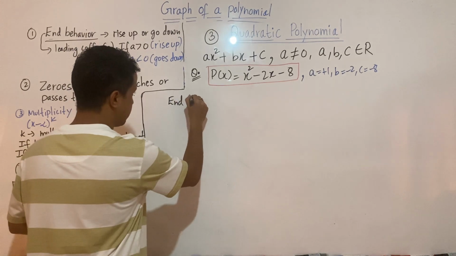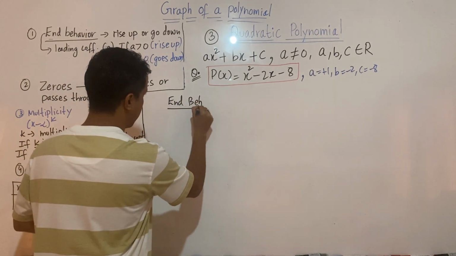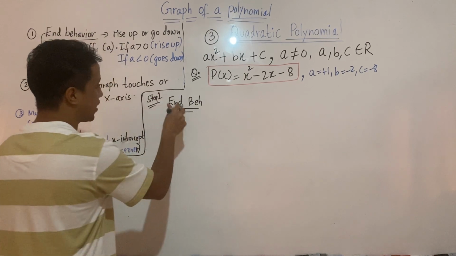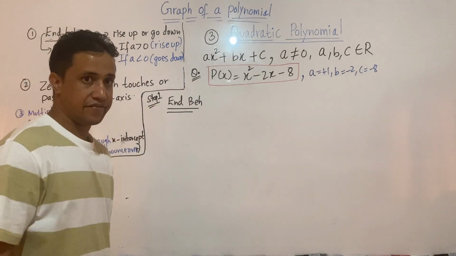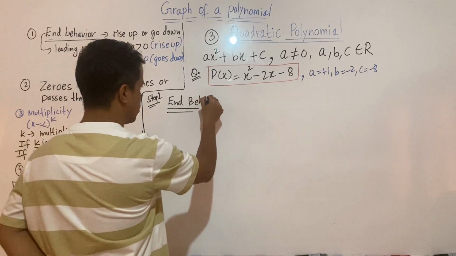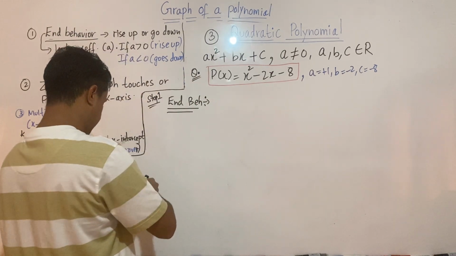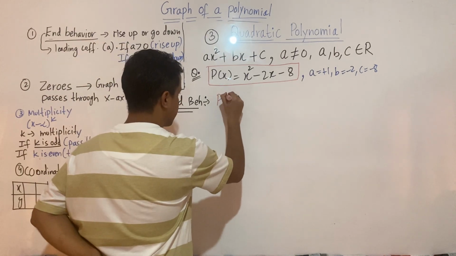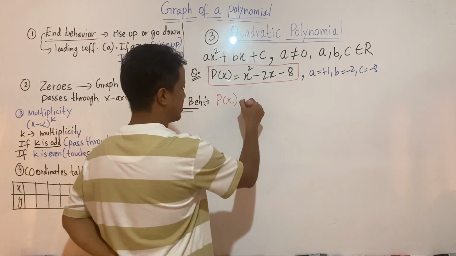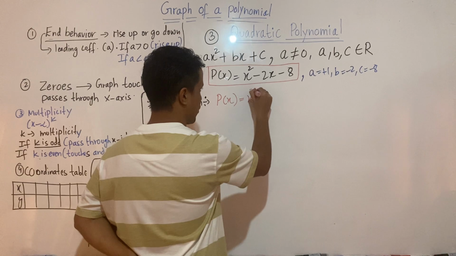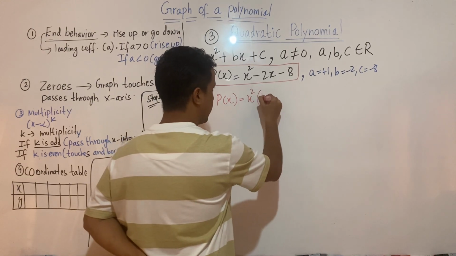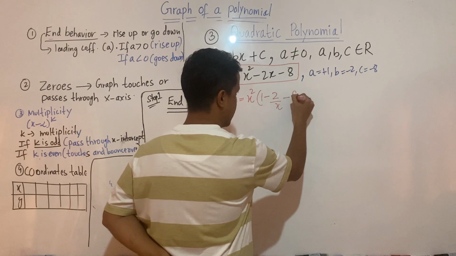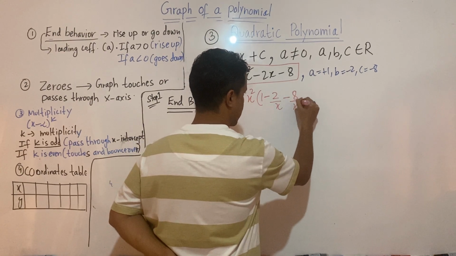So what I will do here, to check end behavior, this is my step one, okay? To check the end behavior, I will write this expression as p(x) equal to x squared common, so 1 minus 2 by x minus 8 by x squared.